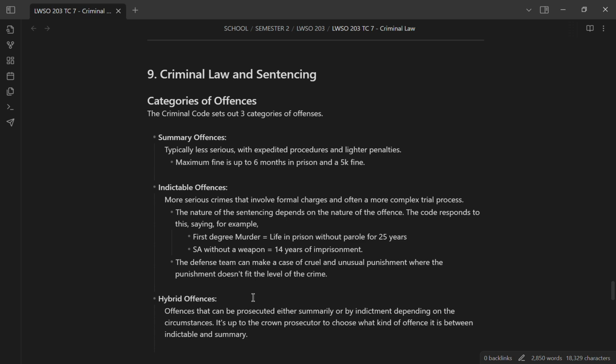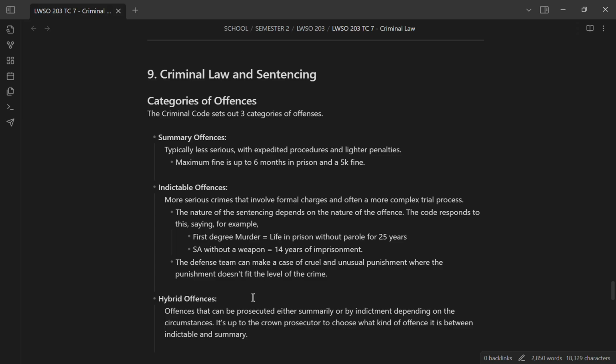The criminal code responds to this by laying out specific punishments for different crimes. Life in prison without parole for 25 years is the punishment for first-degree murder. If you sexually assault someone without a weapon, you'll get 14 years of jail, and the criminal code specifies all of these things. The defense team can make a case of cruel and unusual punishment, though, when the punishment doesn't fit the level of the crime.